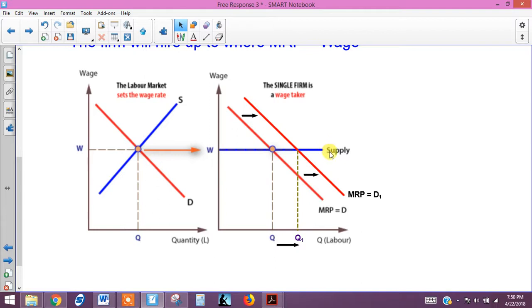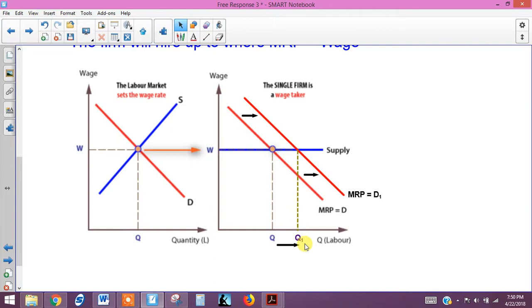So what happens is there's going to be a shift out and then a movement along this supply curve to the right, which means that the firm is now going to be able to hire more workers.